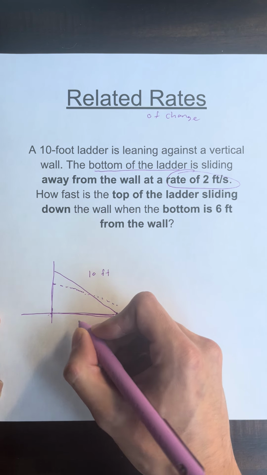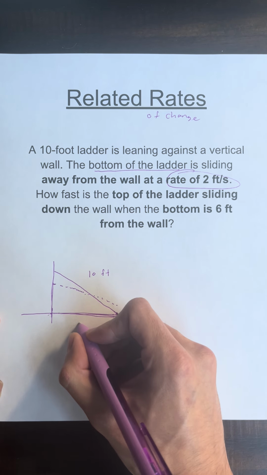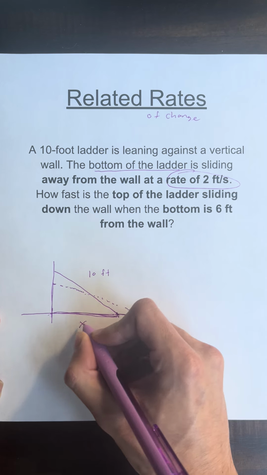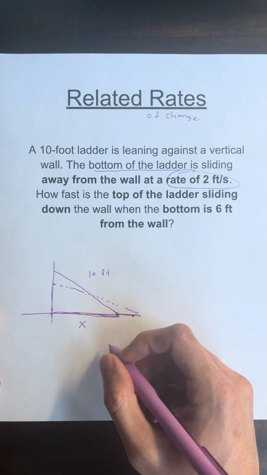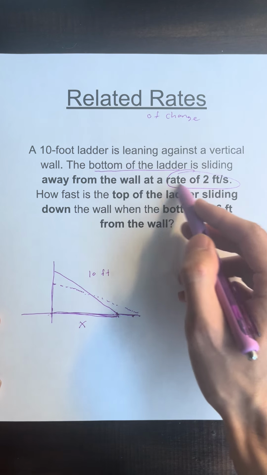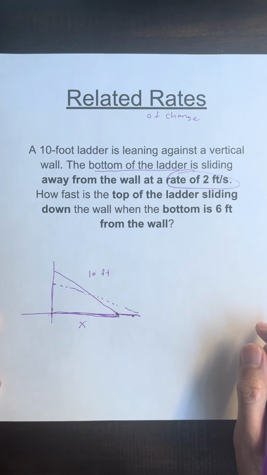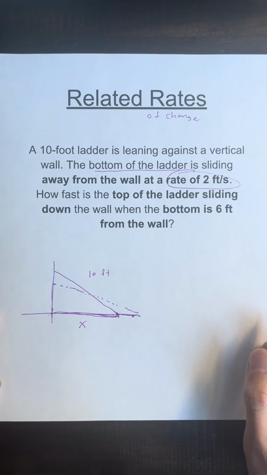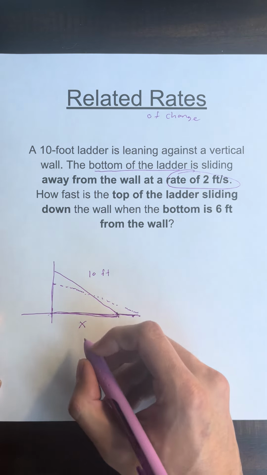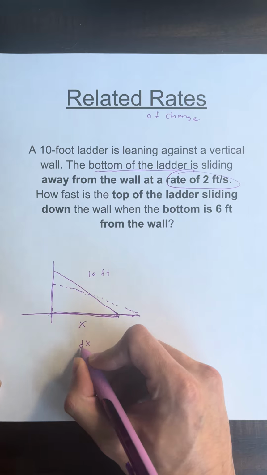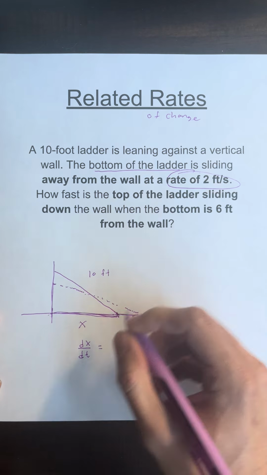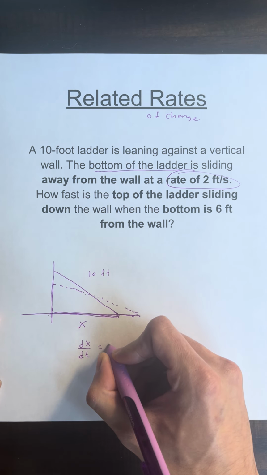So we should probably assign a variable to what's changing. I'm going to say this is x. If this is x, what does this tell us about x? So x is changing at what rate? Two feet per second.